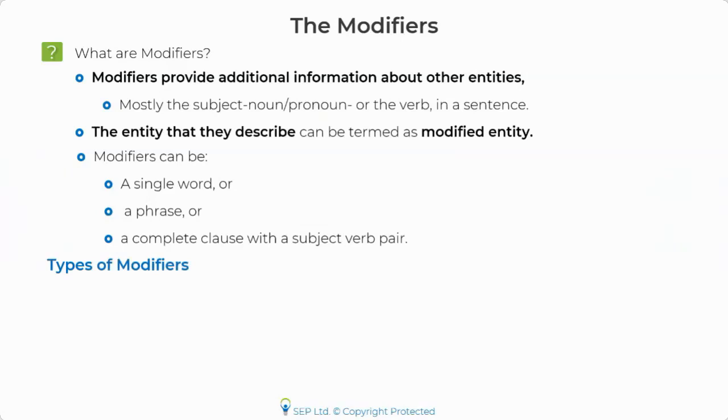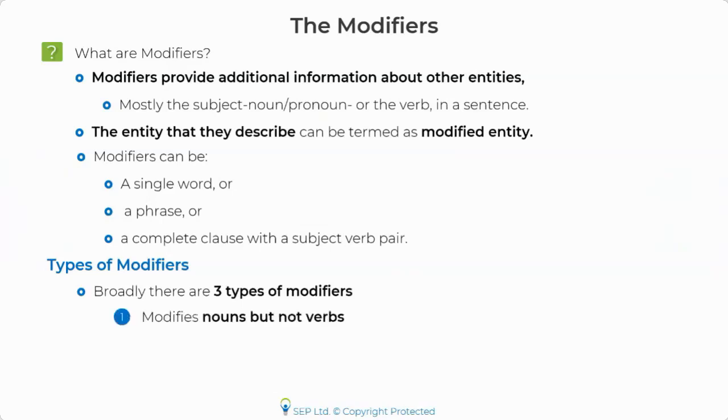Now, this is where you have to understand, because this is where the confusion starts. Modifiers can be of 3 types, guys. Only noun modifiers, that is modifiers which modify nouns but do not touch the verbs. If they are modifying the verb, then that is an error. Then you have modifiers which modify verbs but don't modify nouns. If such a modifier is found modifying nouns, it's an error.